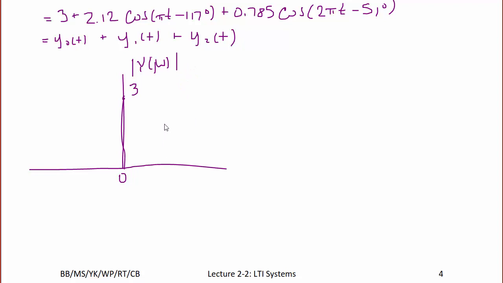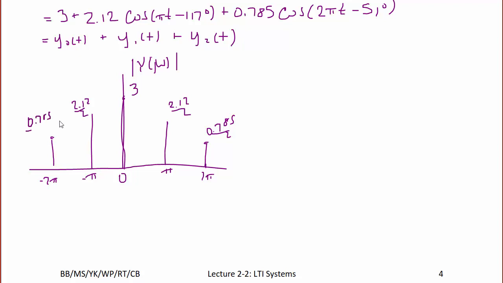And at pi and negative pi, we're going to have values of 2.12 divided by 2. And at 2 pi and negative 2 pi, we're going to have a value of 0.785 divided by 2.